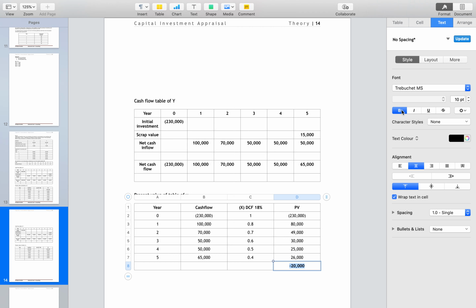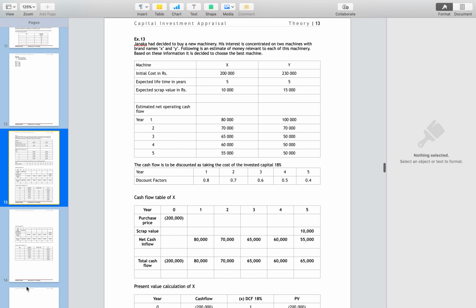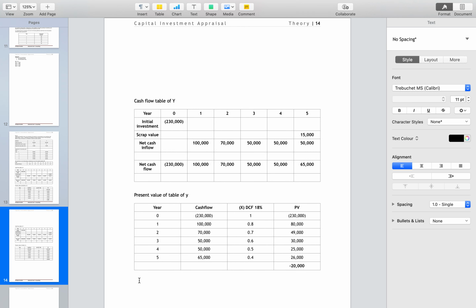So I have two projects. First project is a positive, second project is a negative. So if we are going to make a decision, like the question is asking us, you have to invest in machine X because NPV is positive.